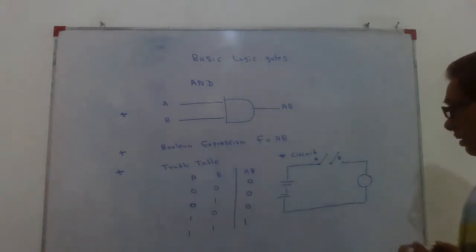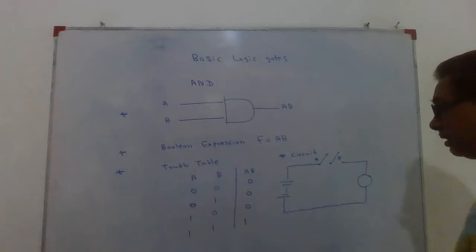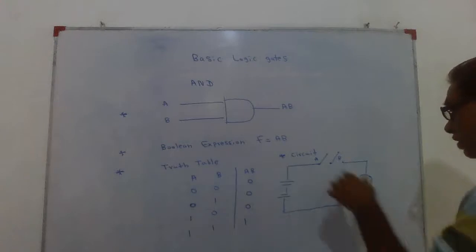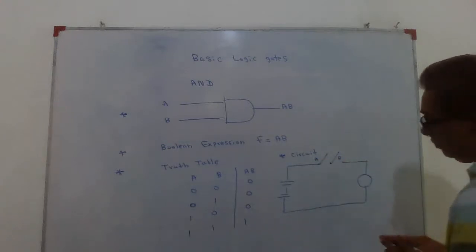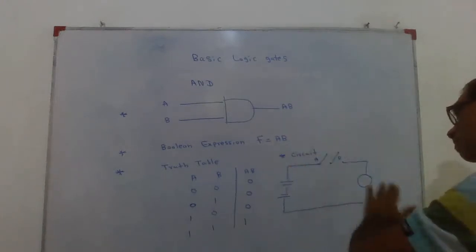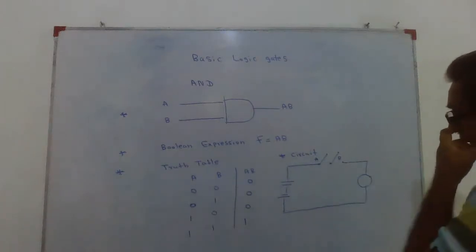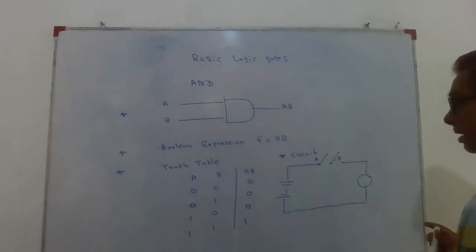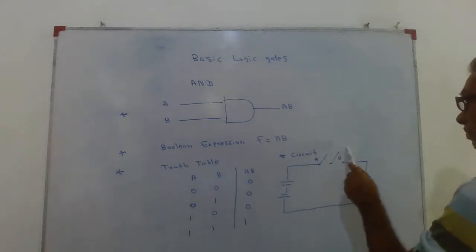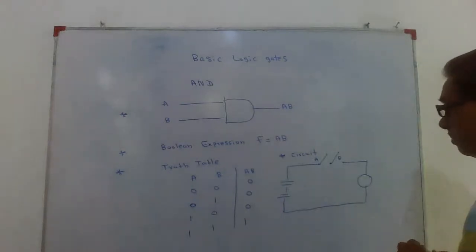If the switch is open like this, the electricity cannot pass through the cable or the wire. As there are two switches, we want to close them. If we close here, then only the power can pass. See the first situation here, 0 and 0. Both switches are open, so electricity cannot pass.